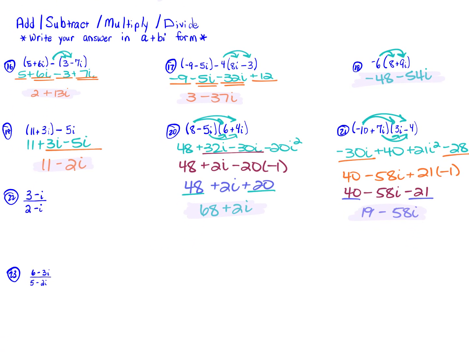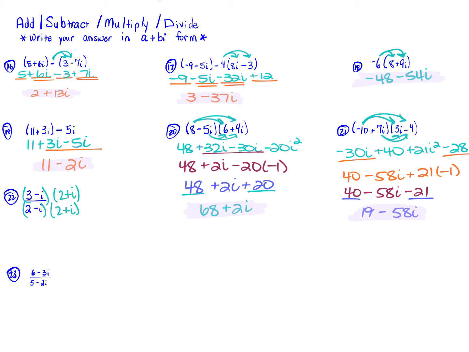For 22, we have 3 minus I over 2 minus I. For this one, you need to get rid of the I in the denominator. So multiply the top and the bottom of this fraction by the conjugate of your denominator. So we're going to put parentheses around the top and the bottom, and then multiply it by 2 plus I for both.